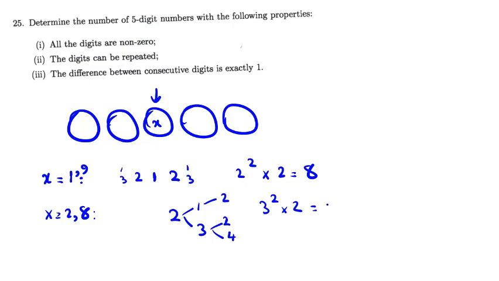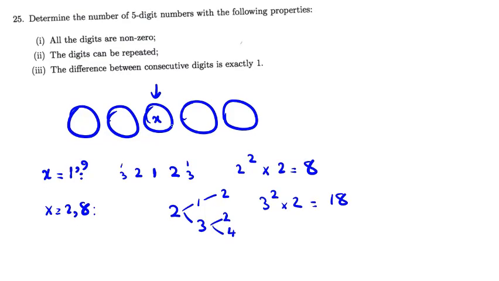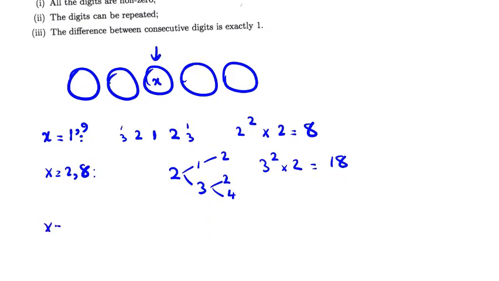Now let's consider when x equals 3. So if you consider 3, the next one is what? 2 or 4. And the next one is 1, 3, or 3 or 5. So it will be 4 squared times 3, and 7 is the same also. If you check 4, 5 and 6 are also the same. 1, 2, 3, 4, 5.